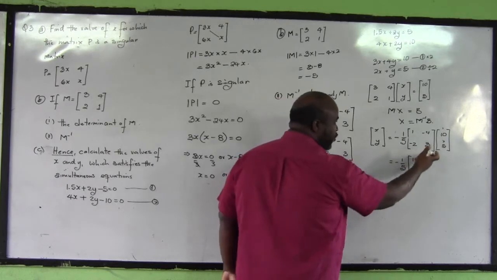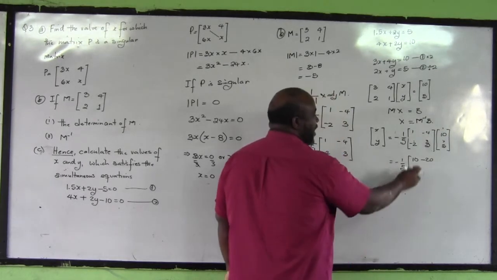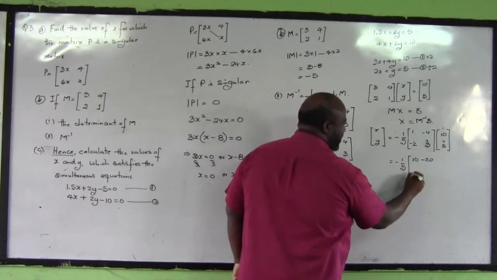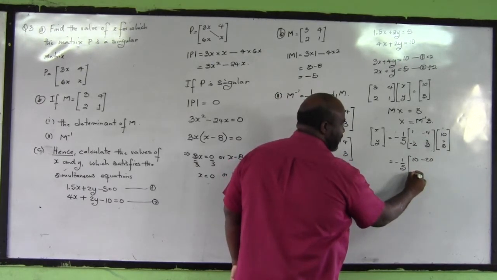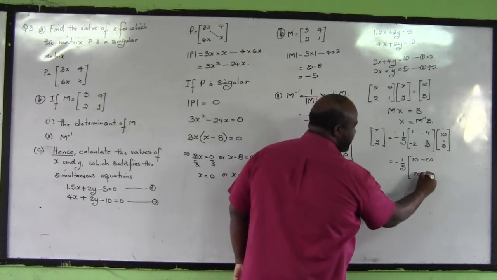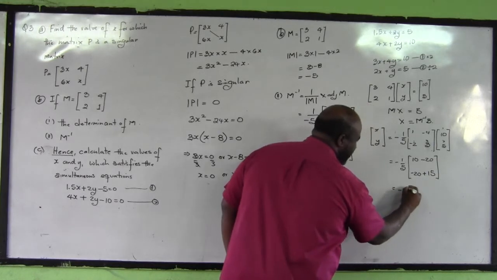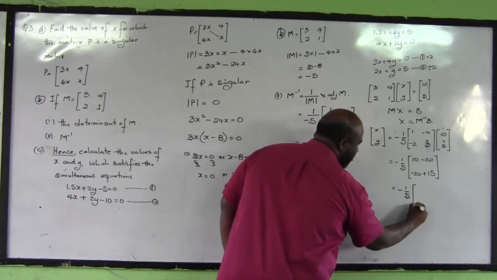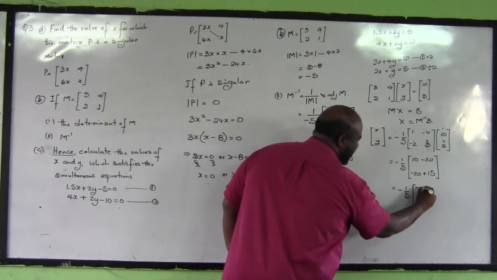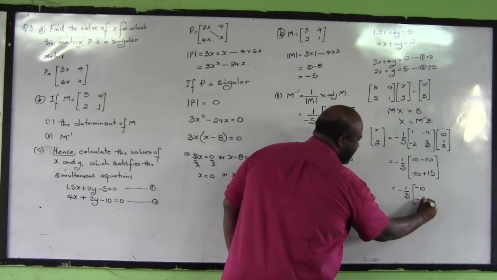Now I'm going to multiply the bottom row by the same column. What is minus 2 times 10? What is 3 times 5? So now I have minus 1/5. Up here we have minus 10. Down here we have minus 5.